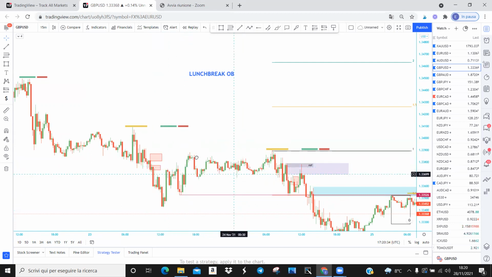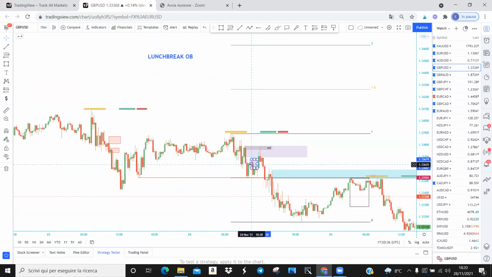Let's look at some examples. Here, order block, okay? This order block is created during this window. We, of course, don't hold it, just go to the higher order block that was created during London and continue to the downside. Here, as you can see, this order block, which is this candle right here, the candle was created during this window. Here, we don't hold it.